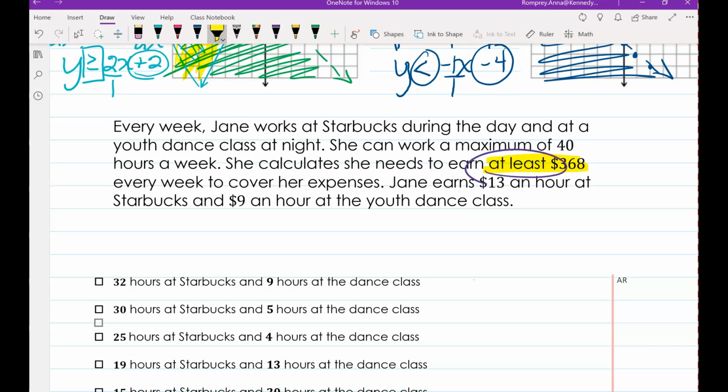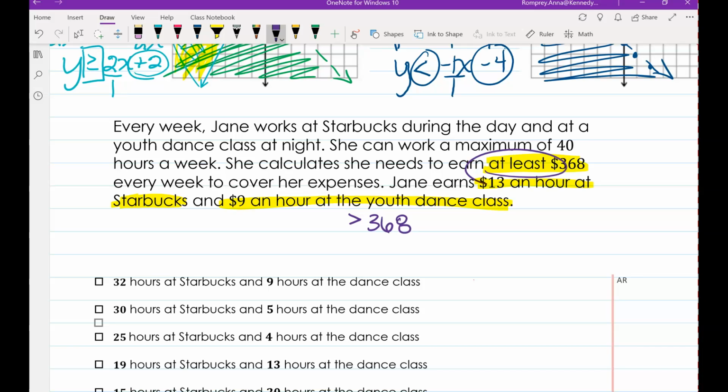And how we're going to make that? $13 an hour at Starbucks and $9 an hour at dance class. Okay, so I'm going to start there. So we need to earn at least 368. So at least. So what do I need to use? Less than 368 or more? At least. Okay, that's going to be greater than 368.